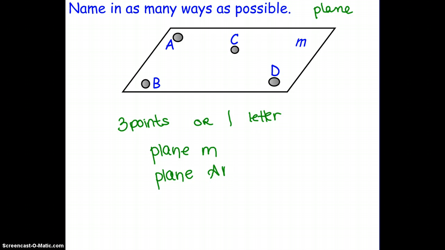So I could do A, B, C. I could also make a listing of any of the other ones up here as long as there were 3 points in some order. I could even rearrange these and do BAC or CAB, as long as there were 3 letters. I would name all of them and make sure the word plane is in front of it, but it has to have at least 3 letters.